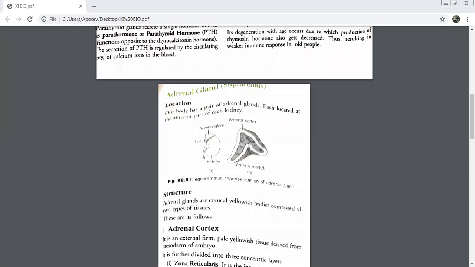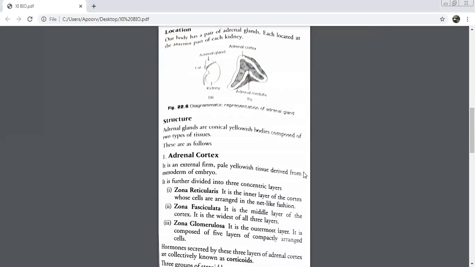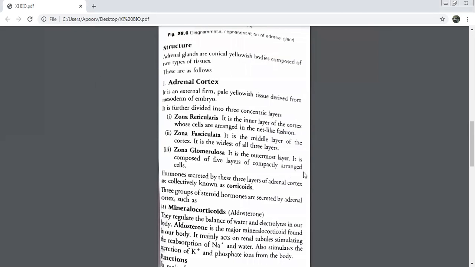Endoderm. Now we are coming to the lower part, so you will see a new thing: the origin is mesoderm. I had discussed primary germ layers in previous classes. So the adrenal cortex, very strong, pale yellow tissue, is made from which layer of the embryo? Mesoderm.